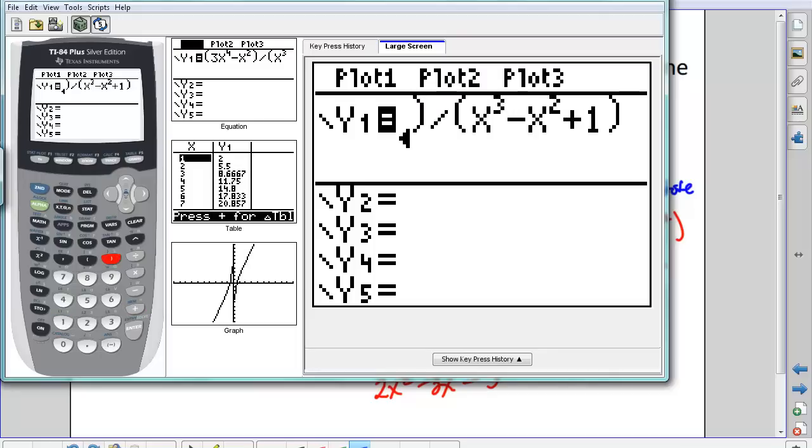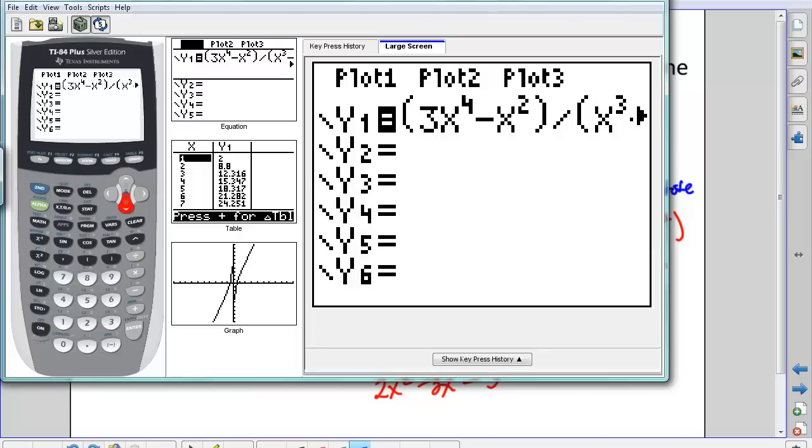So I'm going to graph my original function. I'm also going to graph 3x plus 3, that oblique asymptote.